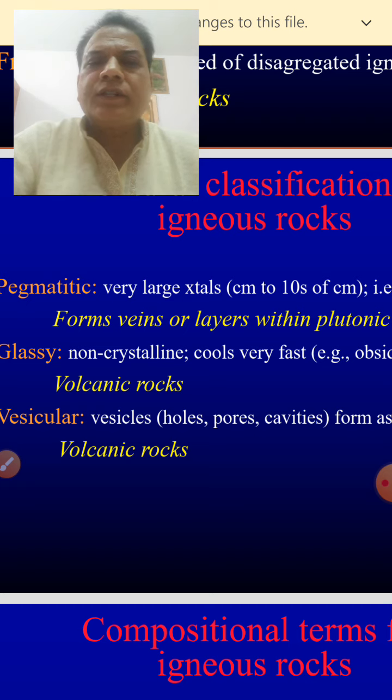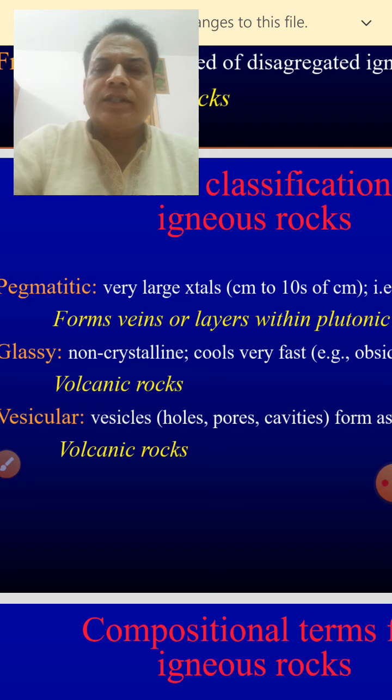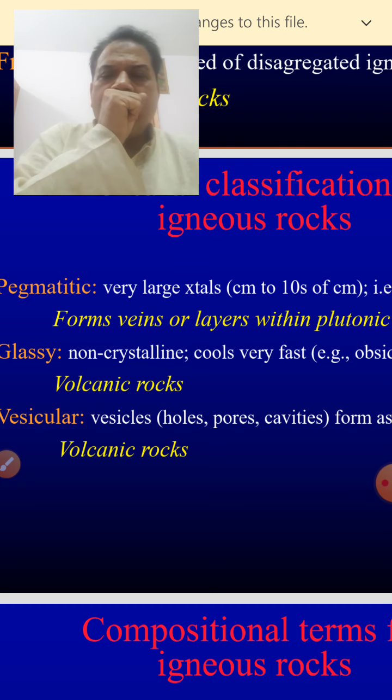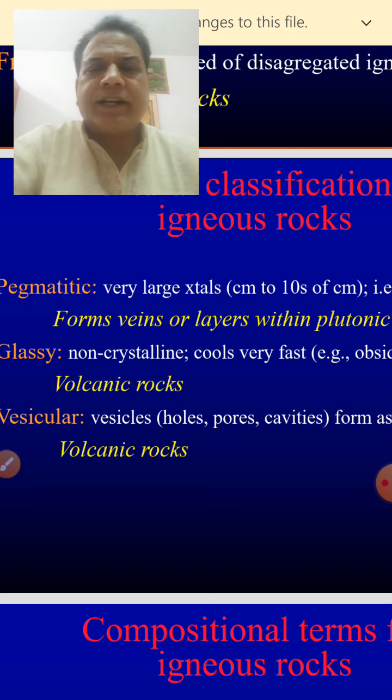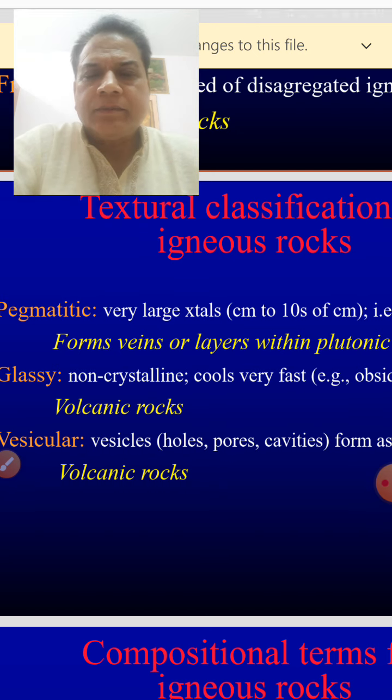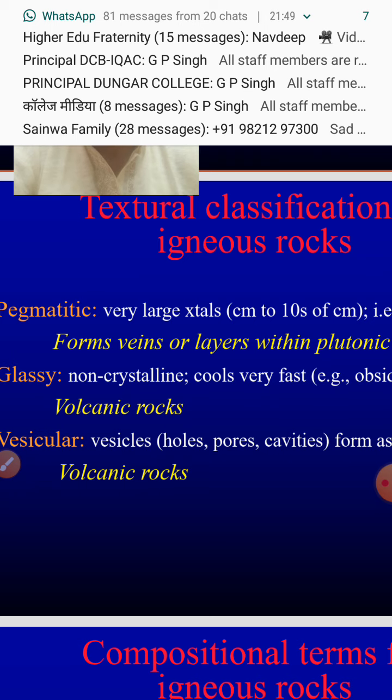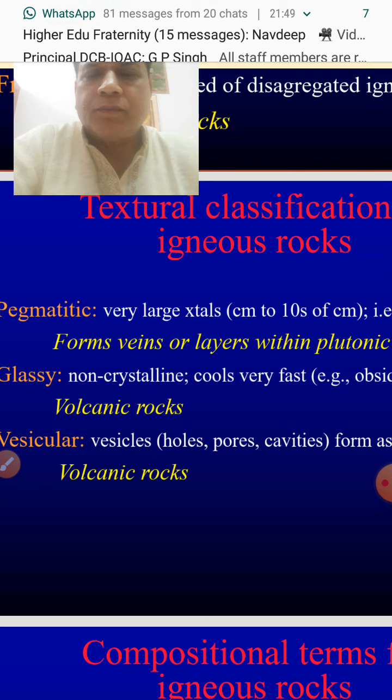So the ratio is 1:4. But in the case of igneous rocks, this ratio is more than 1:1000. Means in pegmatites, the grains are so large that we cannot take them in our arms. They have extremely large grain size, and these form veins or layers within the plutonic rocks.